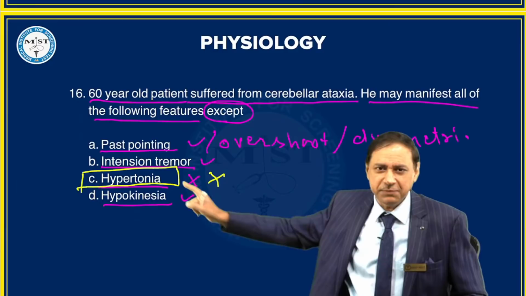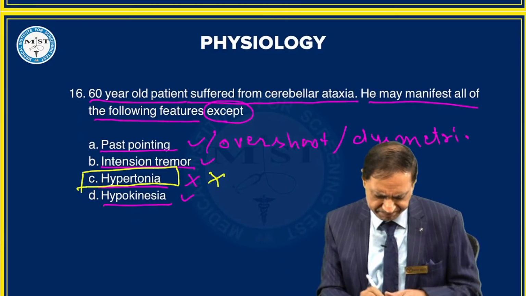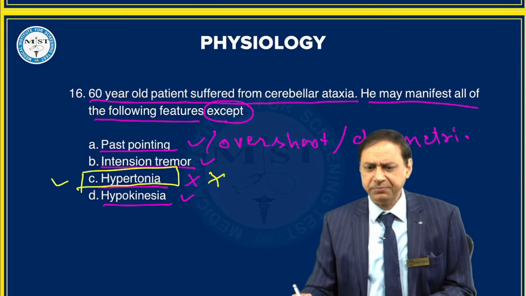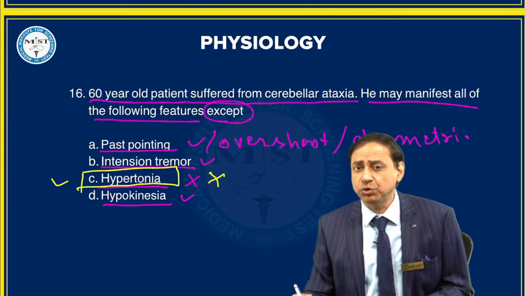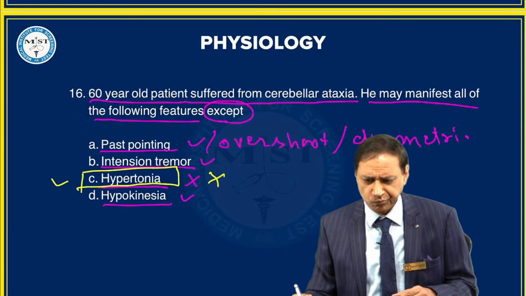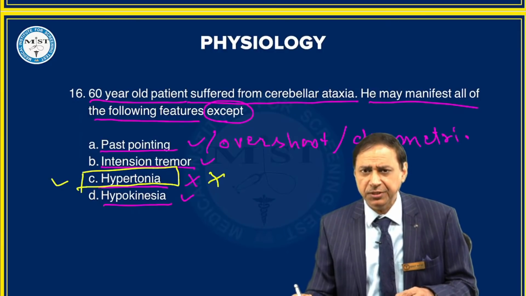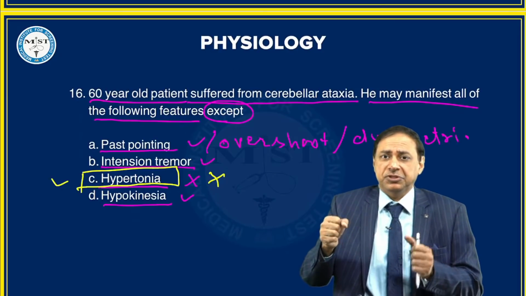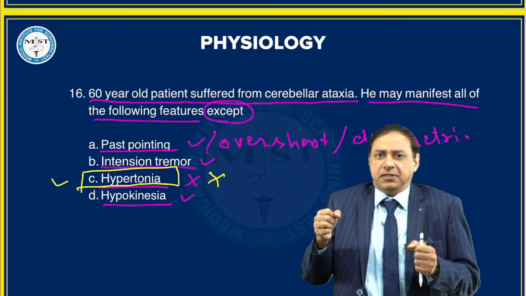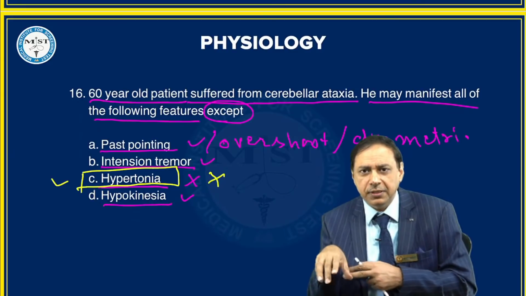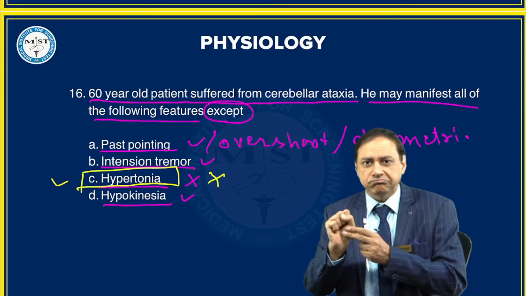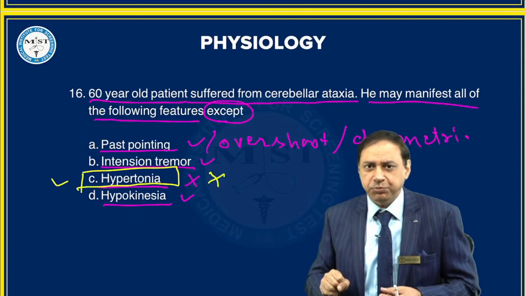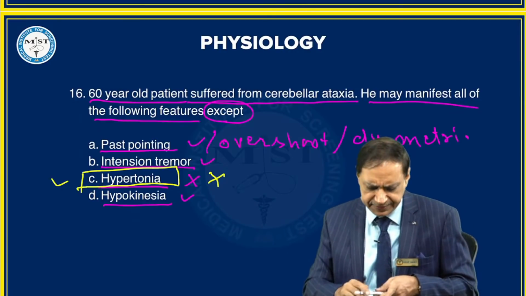So hypertonia is not there. Tonia means tone, muscle tone. This is hypertonia, more tone, tight muscles, and this is hypotonia, which means muscle tone is less.